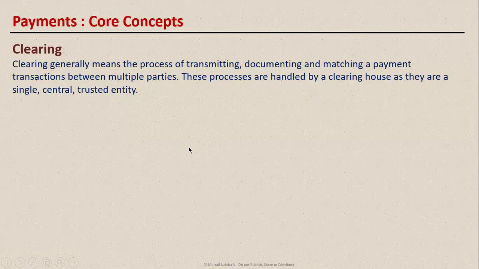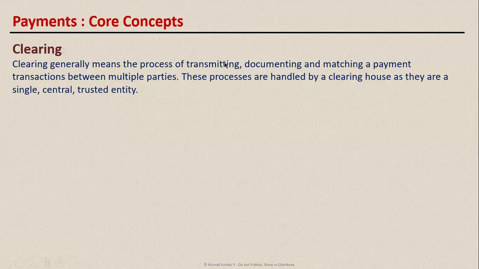So what they do is, each bank will send a message to the clearing system in the domestic setup. First they will receive the message and validate it, according to whatever process they have defined, to check whether the sender bank has followed all those requirements or not.